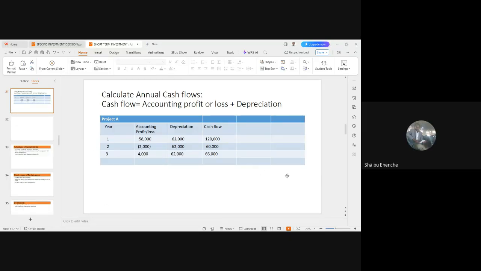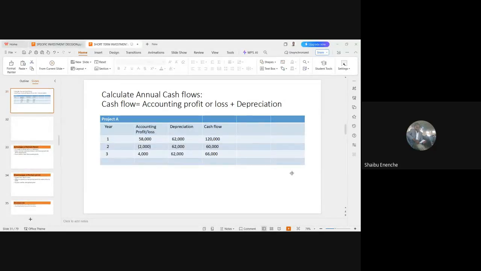In year two, we only have a loss, and there is also depreciation. When you take depreciation out of these two, we have 60. How are you going to do it?